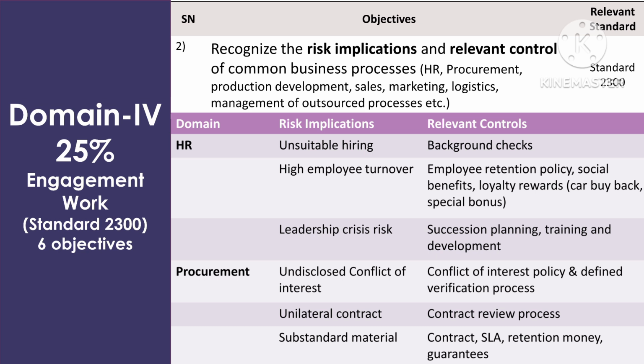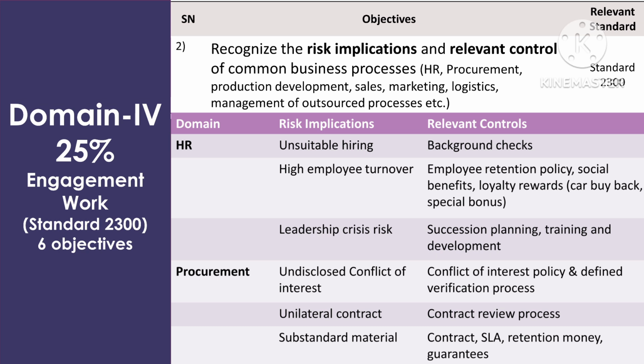For example, an employee completing 5 years should deserve a special bonus, or someone completing 10 years. Then leadership crisis risk: you need to have a succession policy or succession planning within the organization, plus trainings and developments to build and grow the resources within the organization so that they are ready to take on senior level positions.